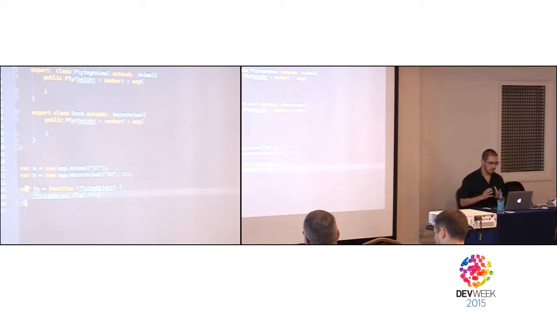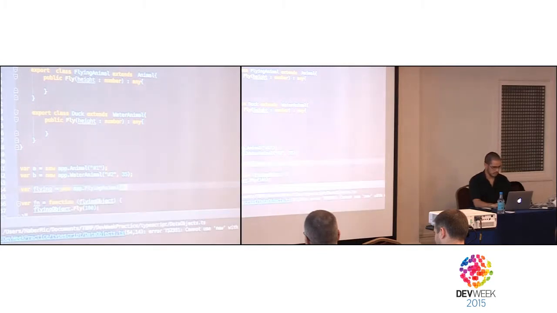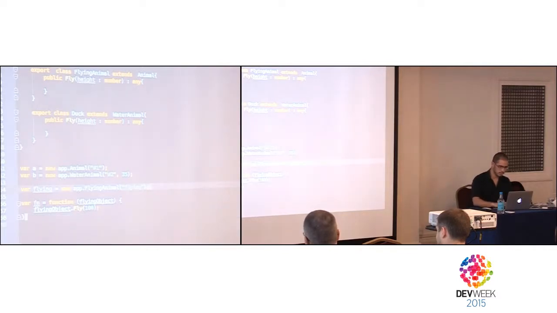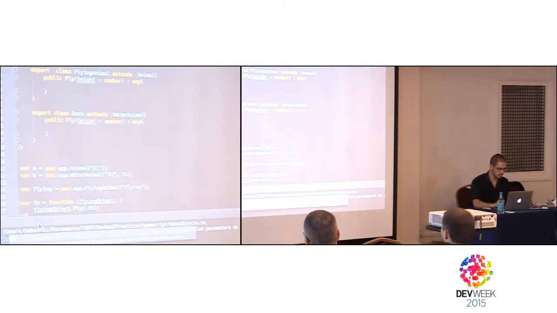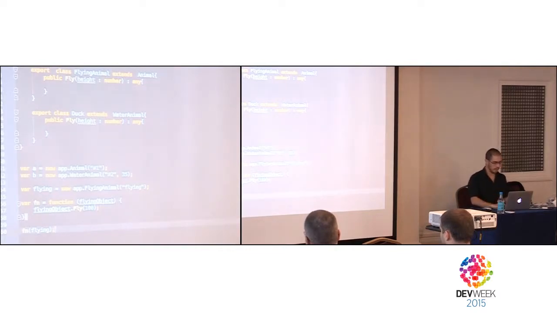Now if I create, let's say, the flying animal, it's going to be a new app.FlyingAnimal, and it needs to get the name flying. So if I call the fn function with flying, that would work because I have no constraint about this method.